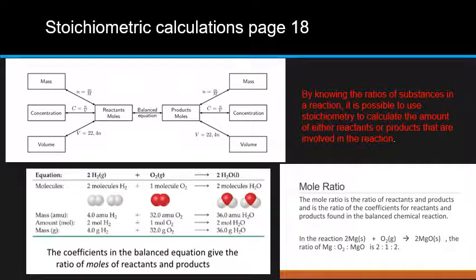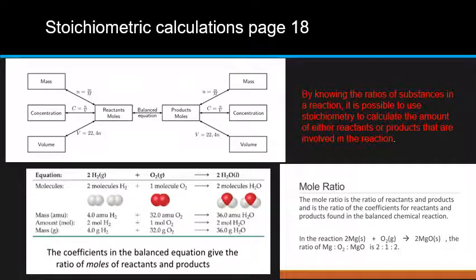So the picture at the bottom shows the reaction of magnesium and oxygen. And it shows the coefficients in front of each reactant or product. You can see the ratio there is 2 to 1 to 2. That is the ratio. Okay, just bear that in mind.